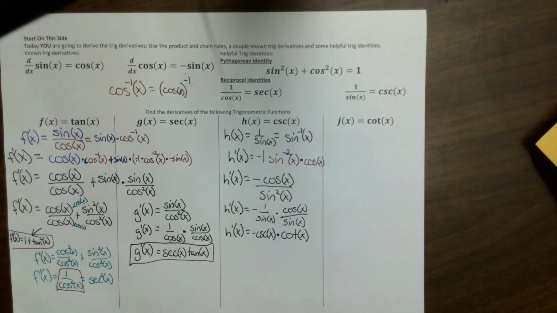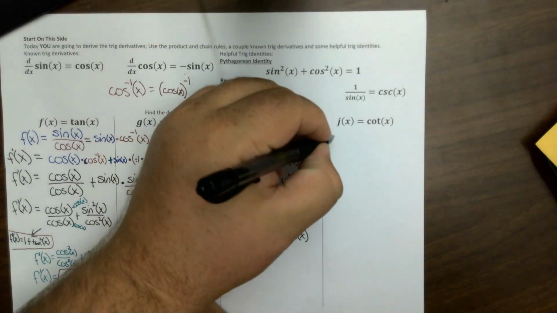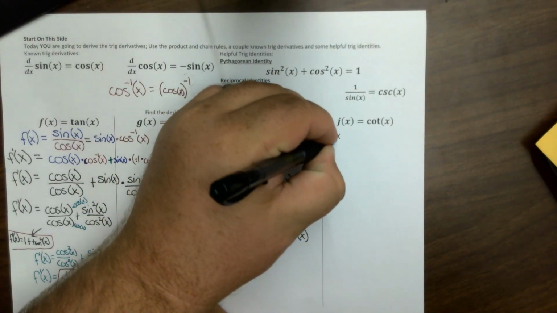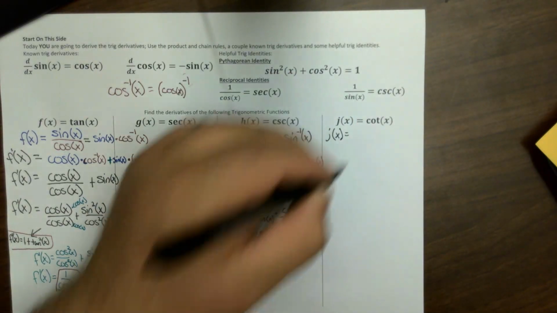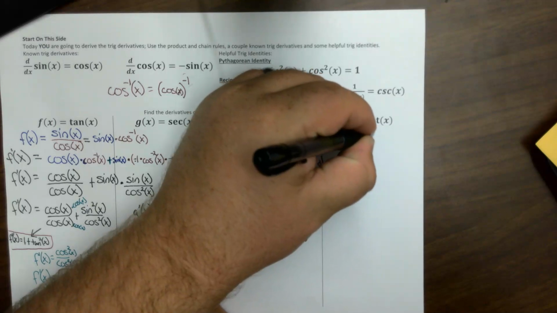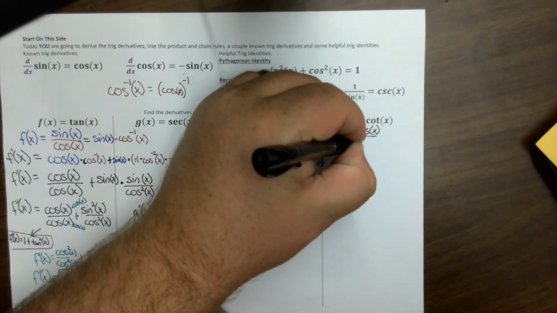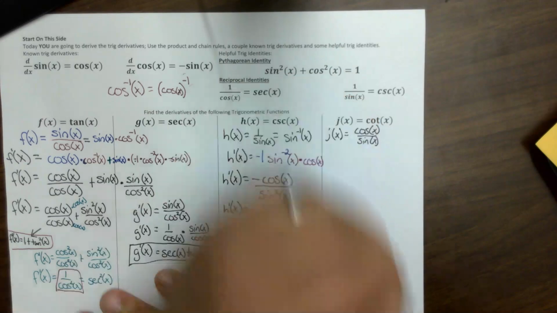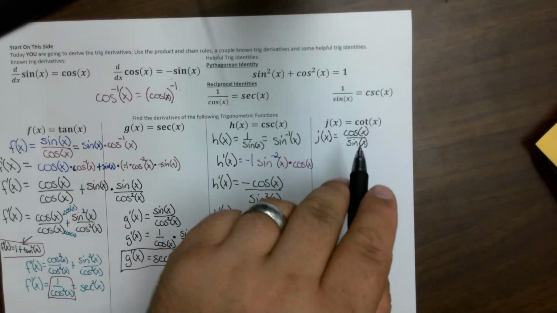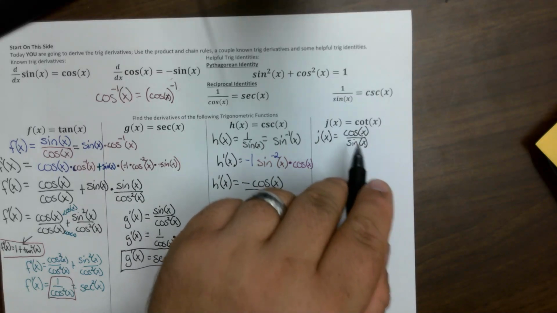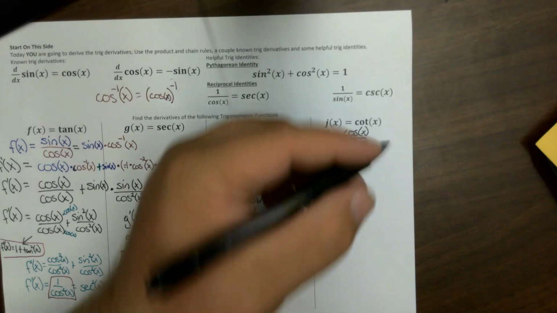So, we know that j of x is equal to cosine over sine. And we could totally rewrite this as cosine times sine raised to the -1 power. I don't want to.